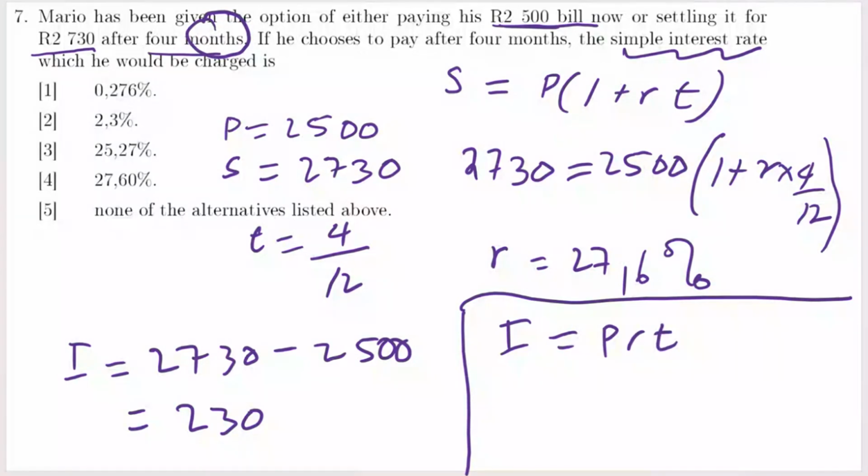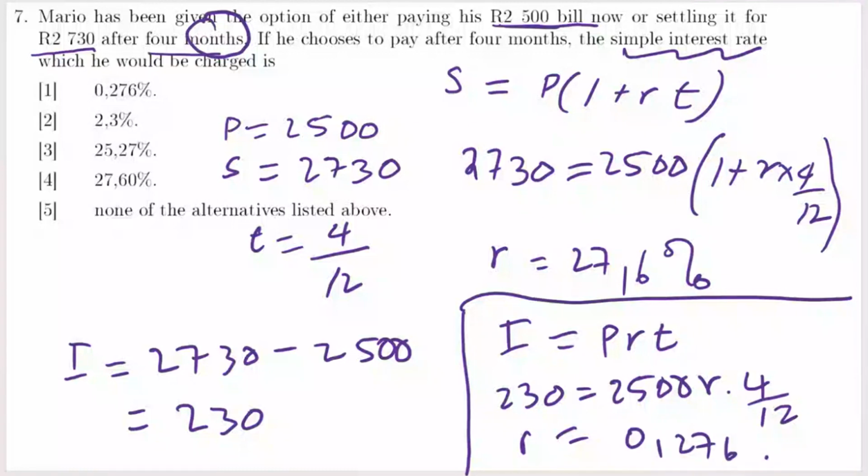Your I is 230, your P is 2,500, R is what you're looking for, and your T is 4/12. If you rearrange everything, you'll find that your R is equal to 0.276.